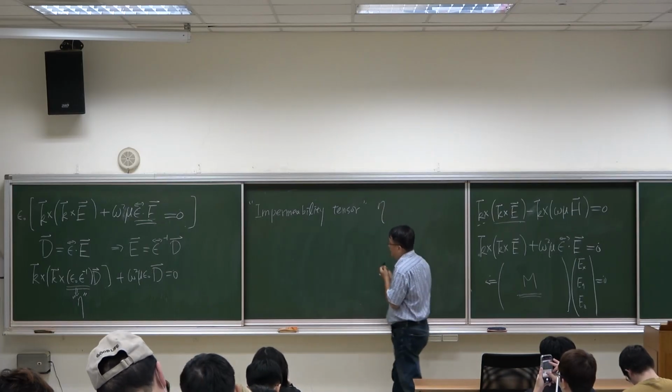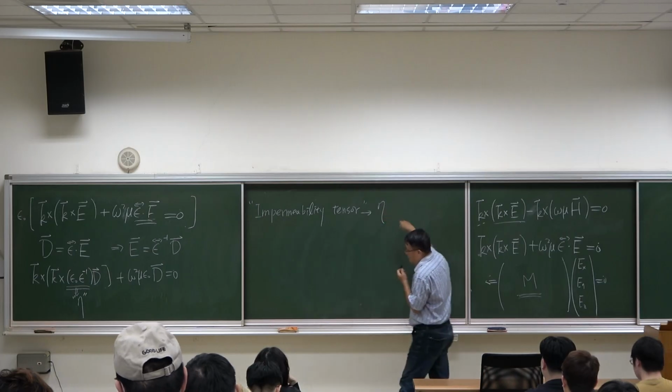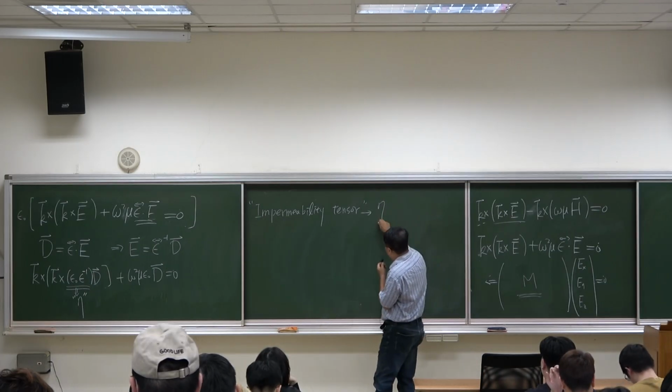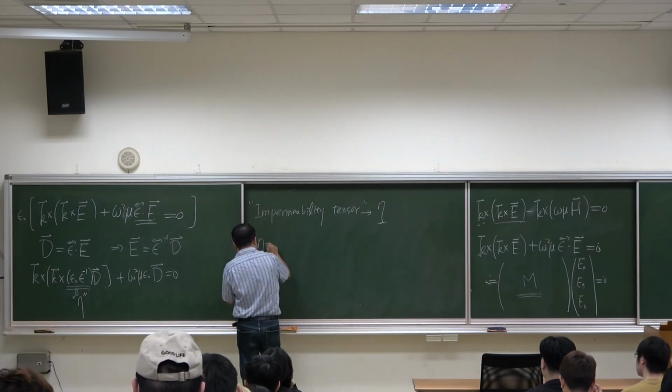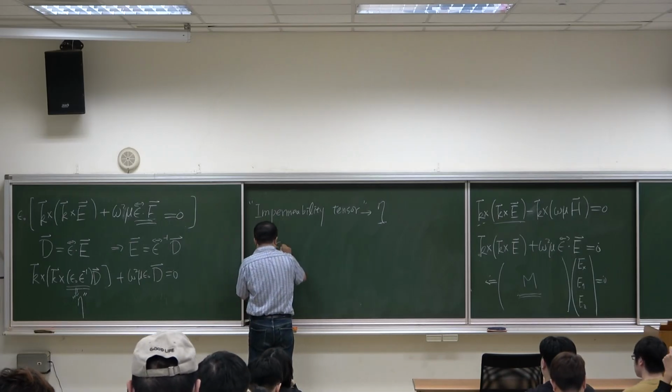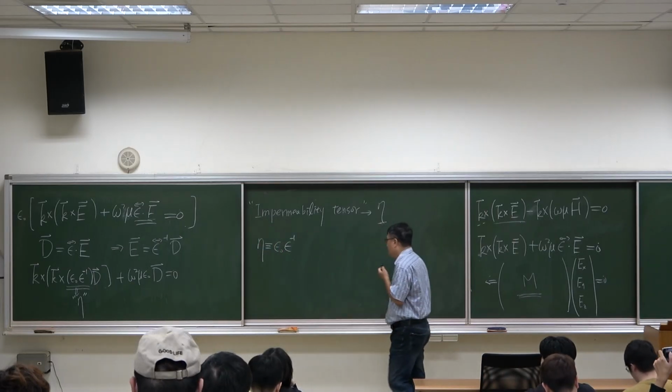Impermeability tensor is the name of this eta. Okay. Eta is defined as epsilon 0 times the inverse of epsilon.